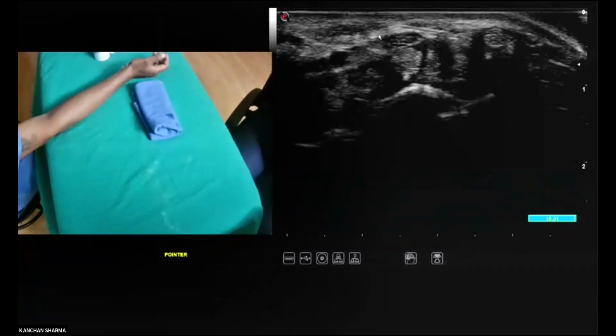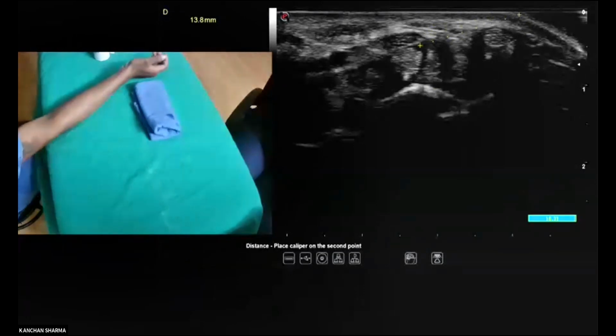Now, if I want to go about doing an intervention of this nerve, how am I supposed to come? Again, you see, I have put the measure button for you to see that. From there, you will come and first, either you can inject here, that is beneath the nerve, and then from there you will go back and inject above the nerve.